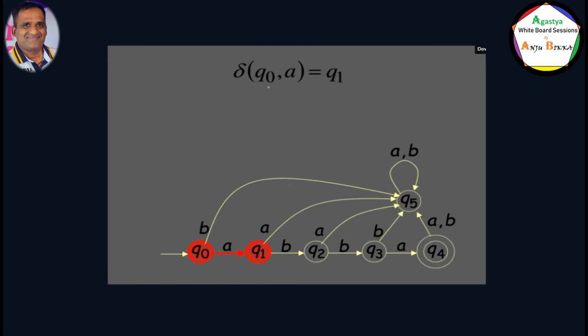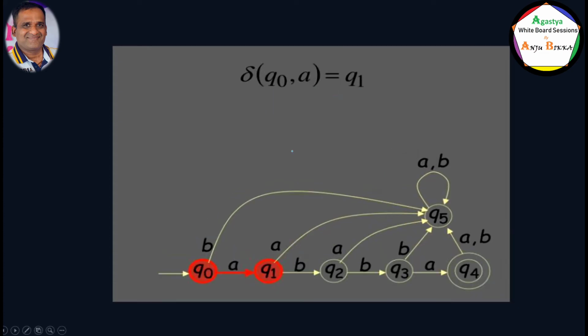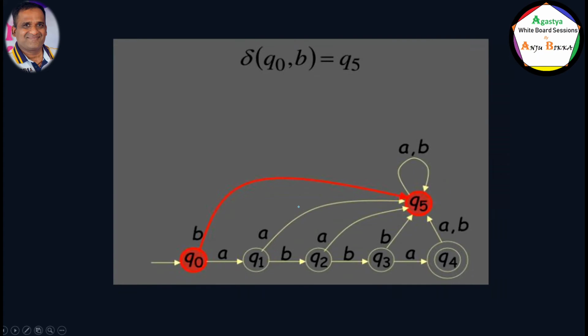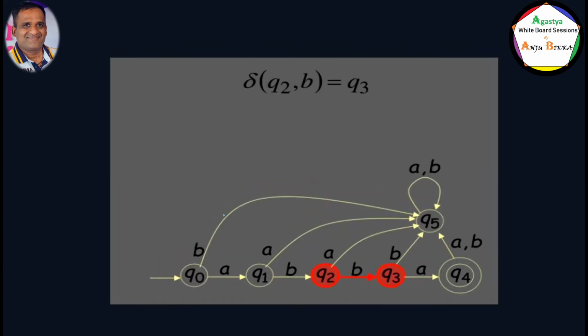Now we are defining: if the current state is Q0 and the input is A, the next state is Q1. If the input is B, the next state is Q5. Now from Q2, if the input is B, the next state is Q3.